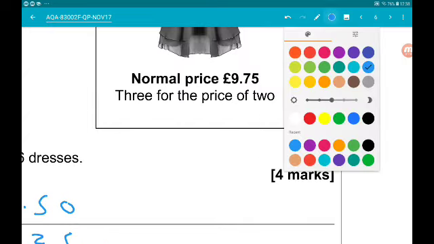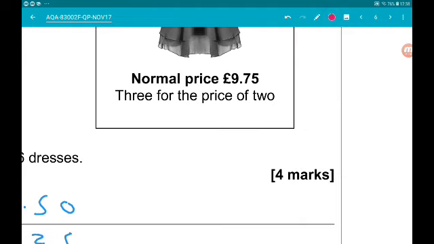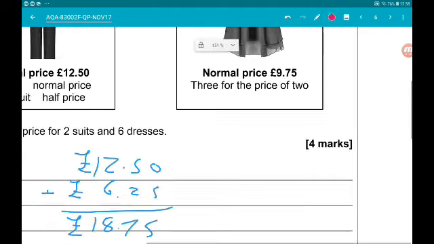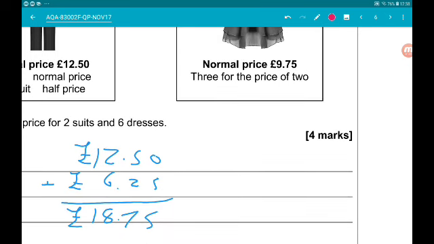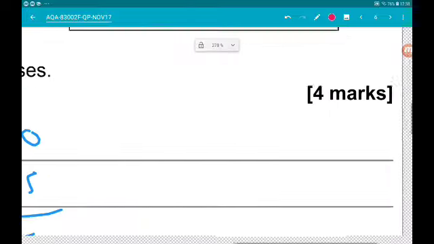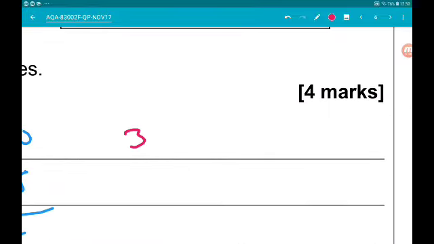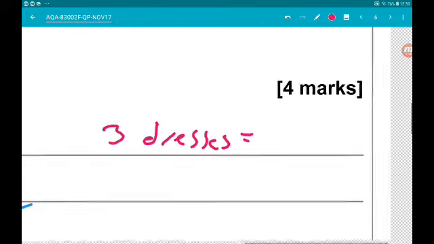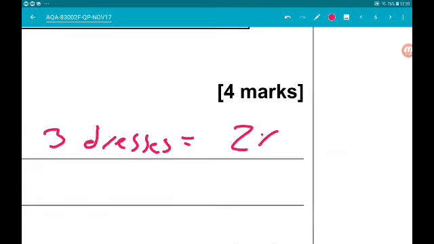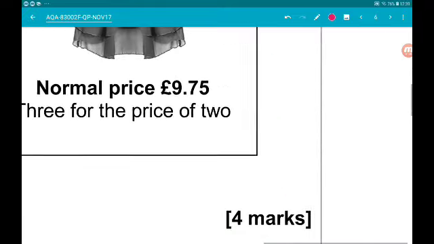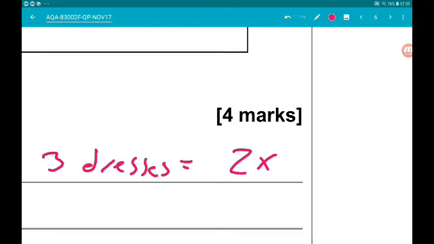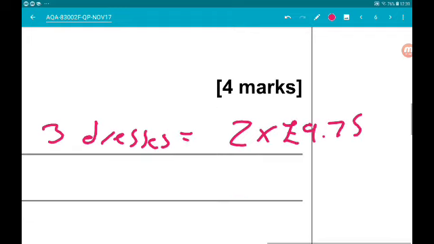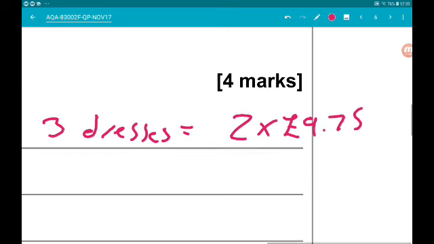And for the dresses, we know the normal price is £9.75. We can get 3 done for the price of 2. So 3 dresses, it's going to be 2 times £9.75, and that's £19.50.